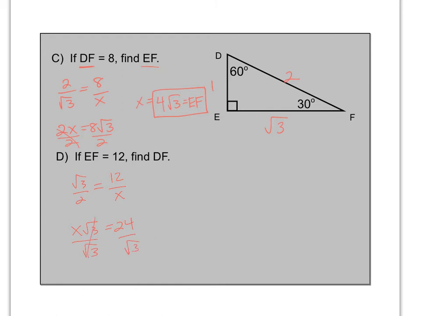And we cannot leave that square root of 3 on the bottom of the fraction. We need to rationalize the denominator. We're going to multiply by root 3 over root 3. So you're going to get 24 root 3 over regular 3, root 9, which turns into regular 3. But 24 divided by 3 is 8. So it's really 8 root 3 equals DF.